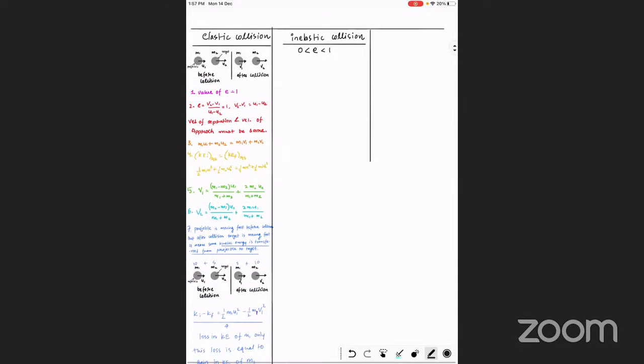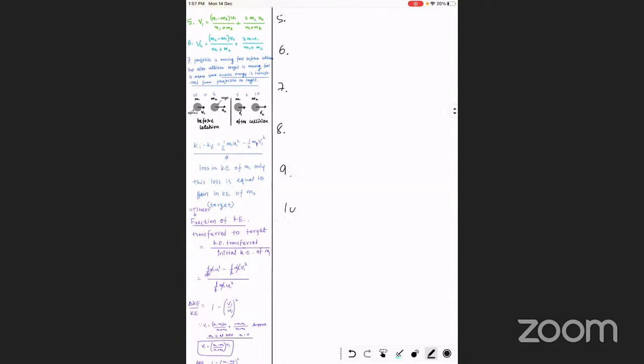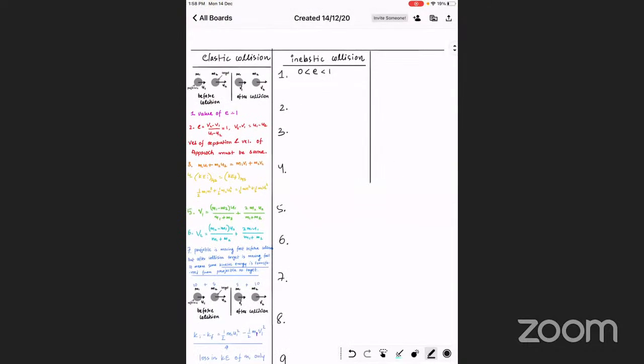You will compare from point number 1, point number 2, point number 3, and so on up to point 10. Do you understand that? So this is your homework. Tomorrow, if you do not do your homework, I'll compare it. Don't worry. And we will solve a lot of questions in the next class until you understand collision properly.